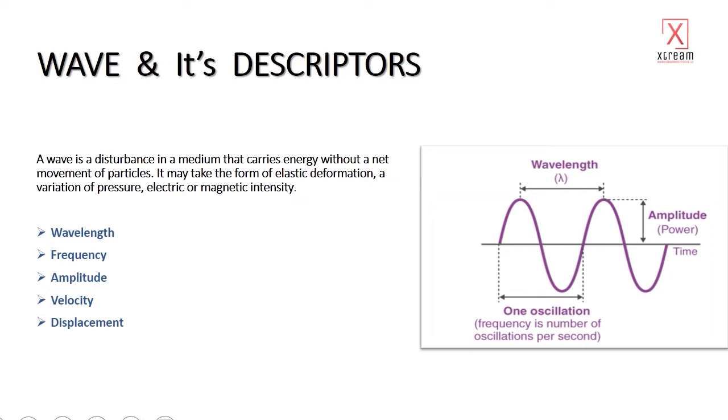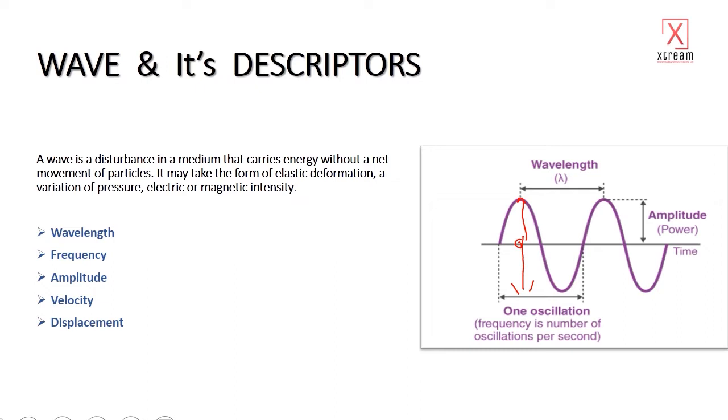As you can see in the figure, if there is a particle over here, this particle will not move along the wave, but rather it will vibrate or oscillate around a fixed axis, going up and down about fixed points.